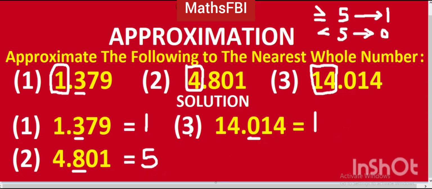Question number 3, the number next to the whole number is less than 5, and so we round it to 0. 0 plus 14, the answer is 14. So that is it on how to approximate numbers to the nearest whole number as required in this question.